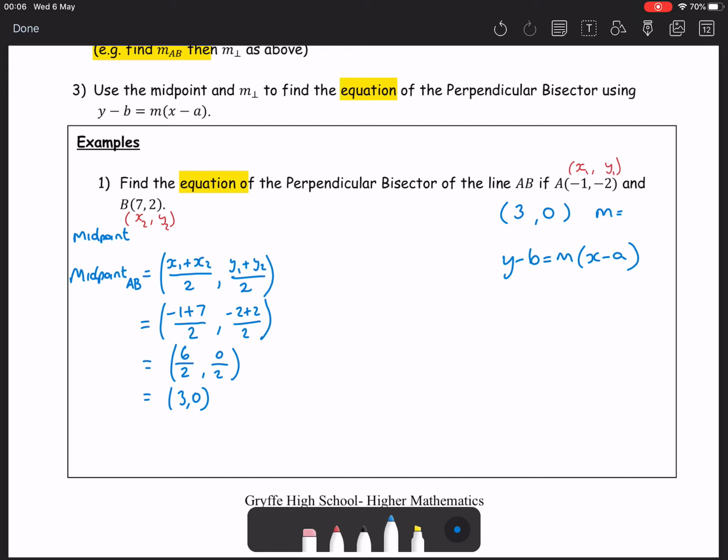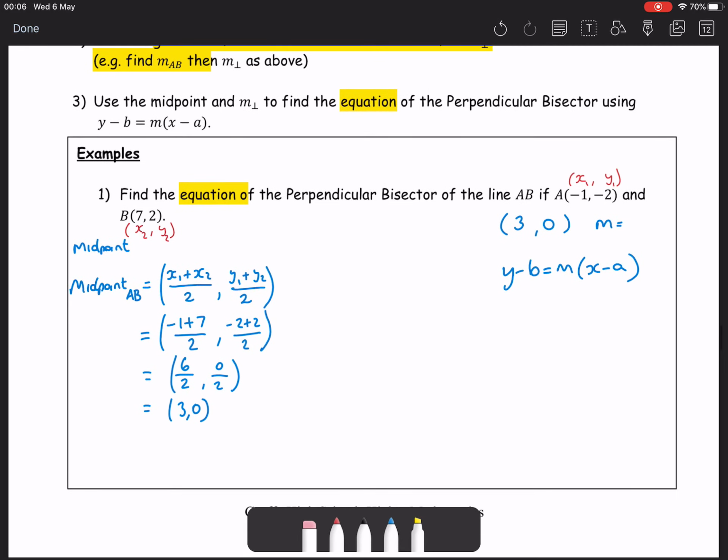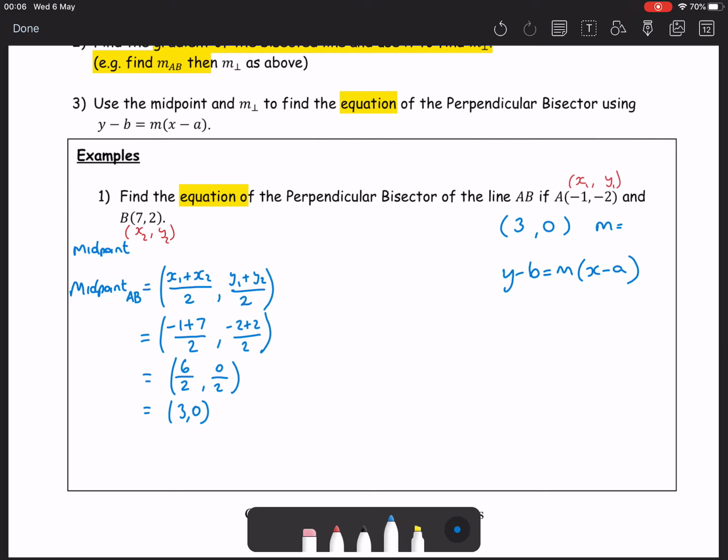For our gradient, first of all, we have to work out our gradient of AB, given the 2 points that we've got, using our gradient formula.